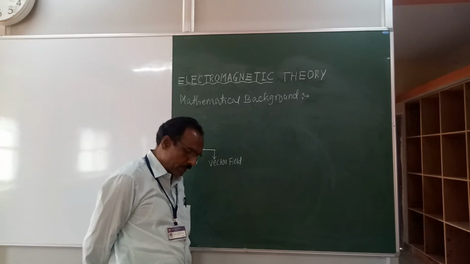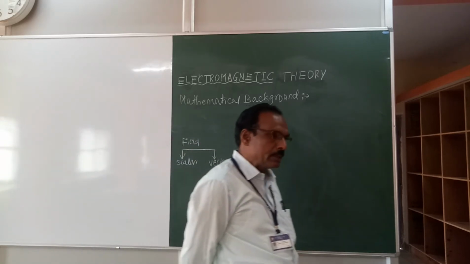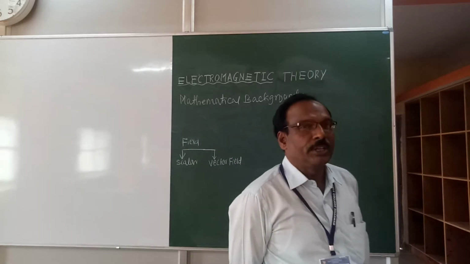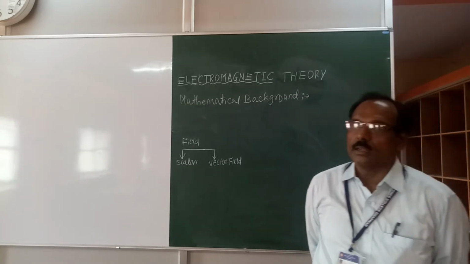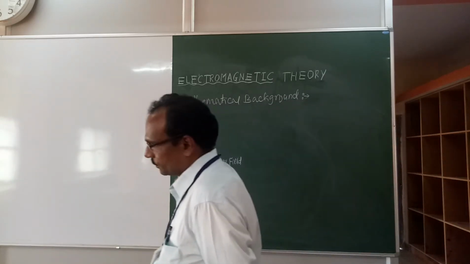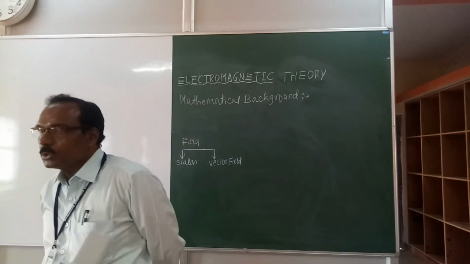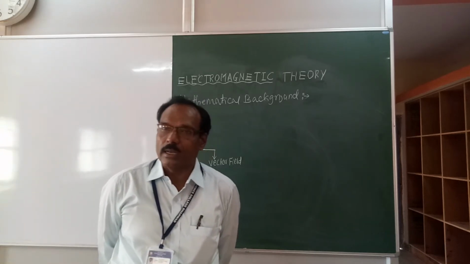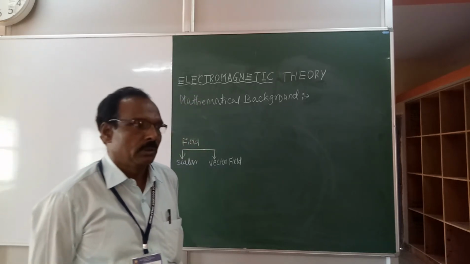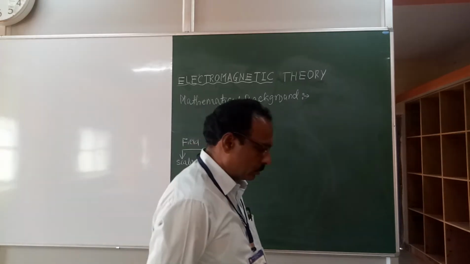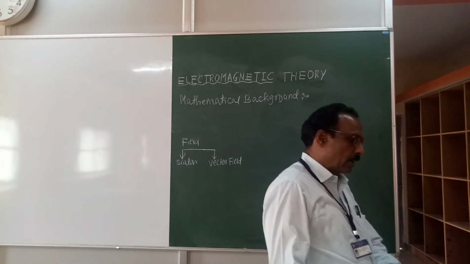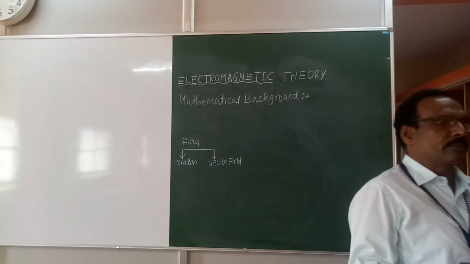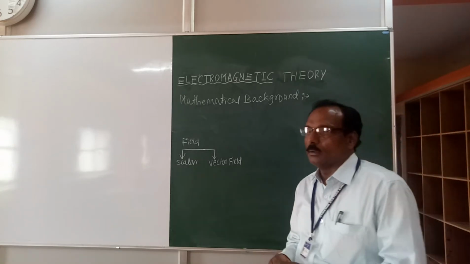In addition to this, we need line integral, surface integral, and volume integral, and we are using these three integrals to convert: volume to line integral, line to surface integral, surface to volume integral.